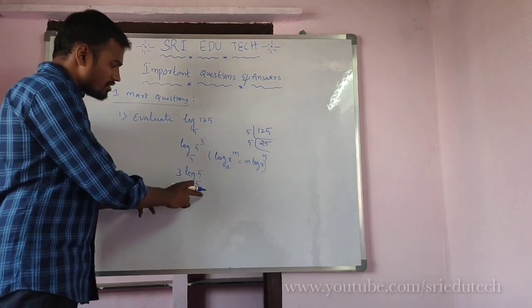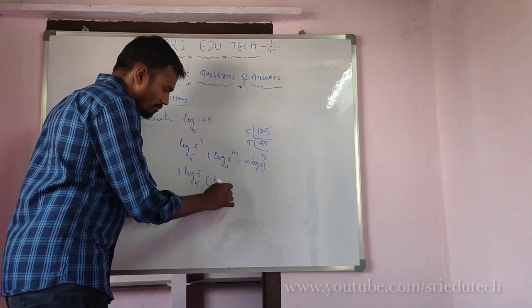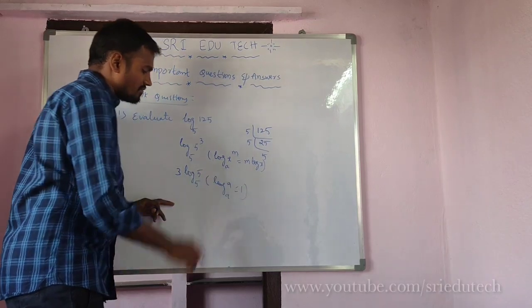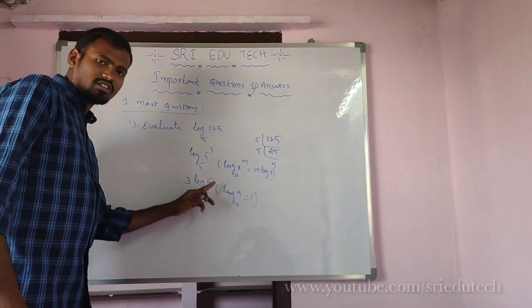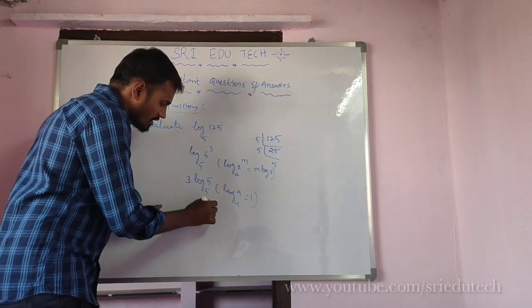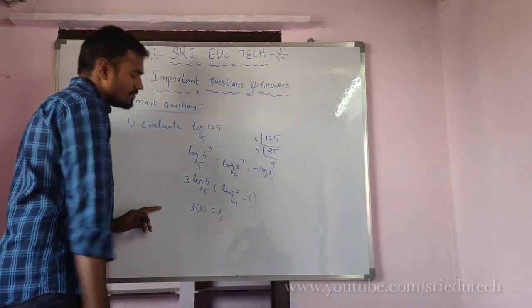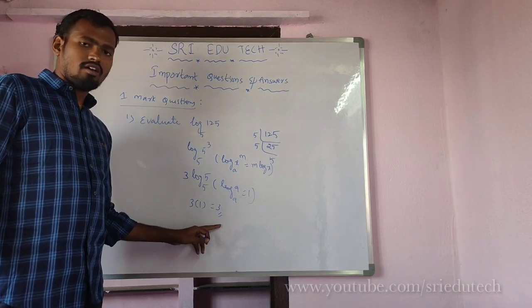Here you also have one formula: log a base a is equal to 1. Whenever these two are the same, the value is 1. Then 3 into 1 is equal to 3. So this is the answer, 3.